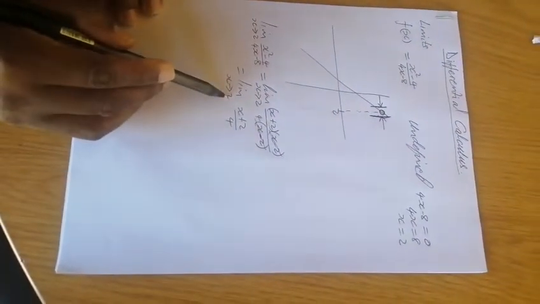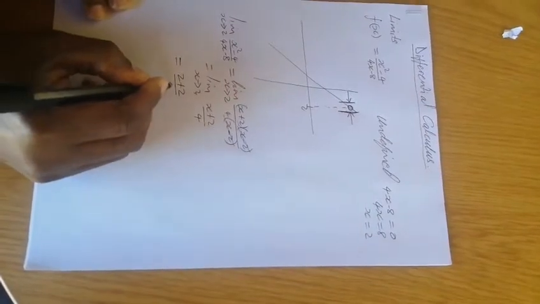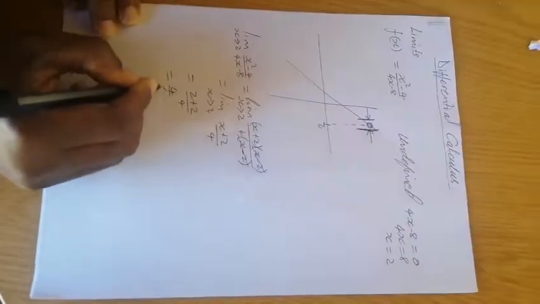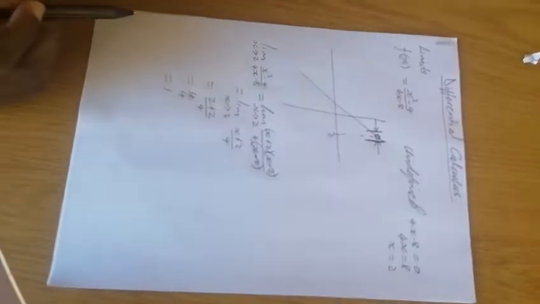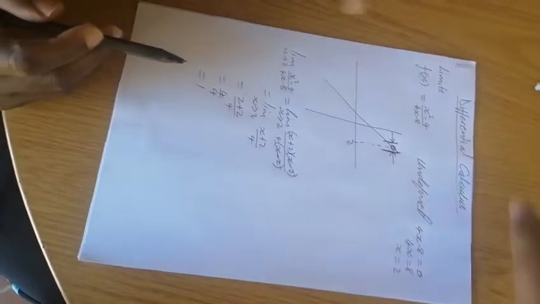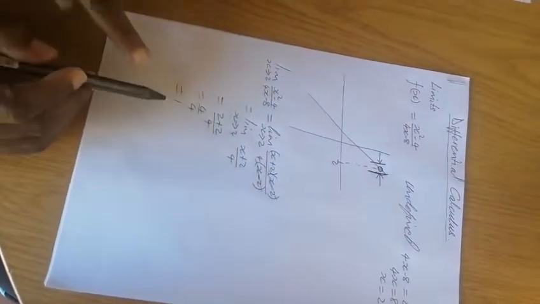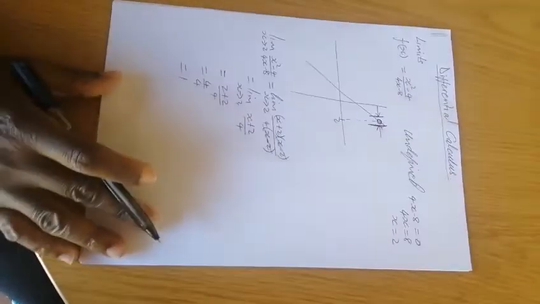Our x is approaching 2, which means we can now say it's 2 plus 2 all over 4, which gives us 4 over 4, which is 1. Which means the limit of the function f as x approaches 2 is actually 1. So the limit does exist.